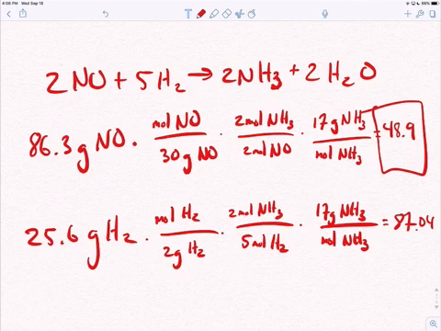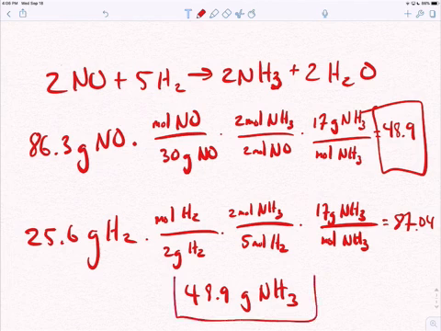We are limited by something. In this case, it's the nitrogen monoxide that is the limiting reagent. So that is our theoretical yield. And we will get into actual yield next class, but we'll talk about that later.